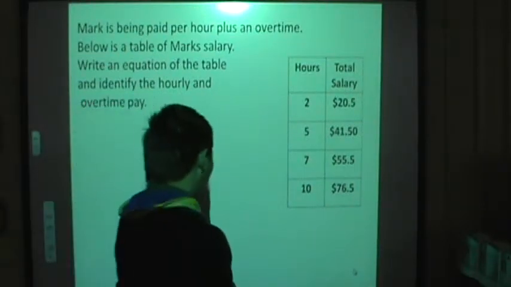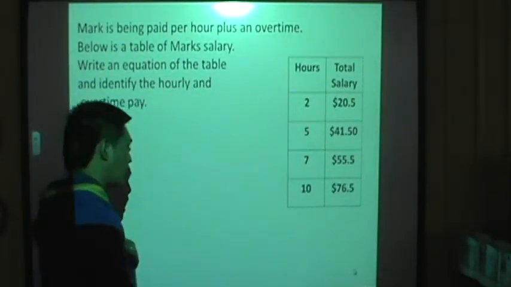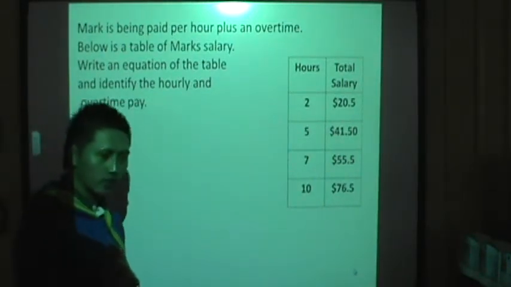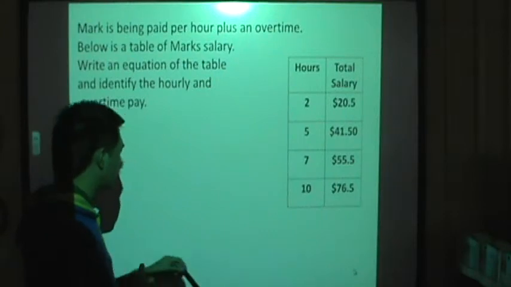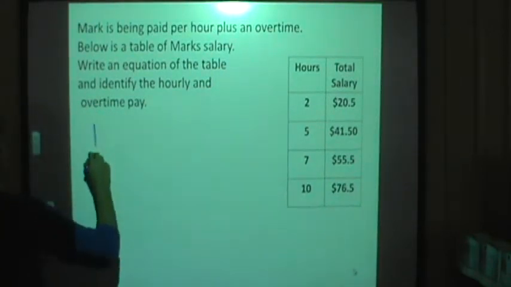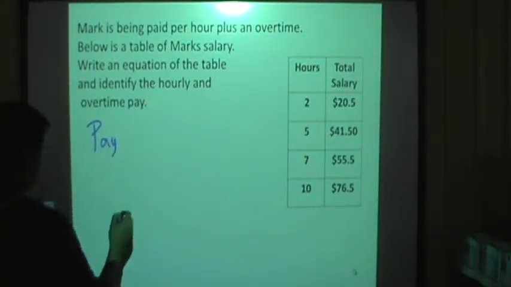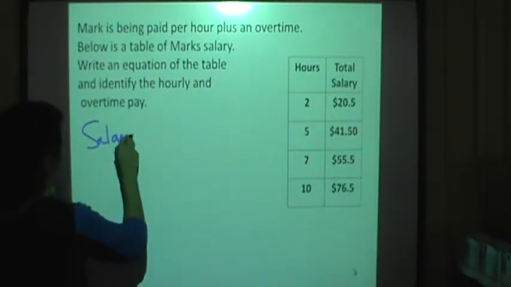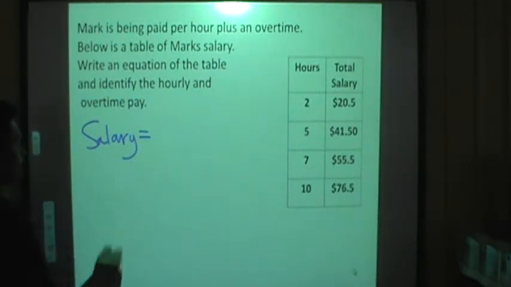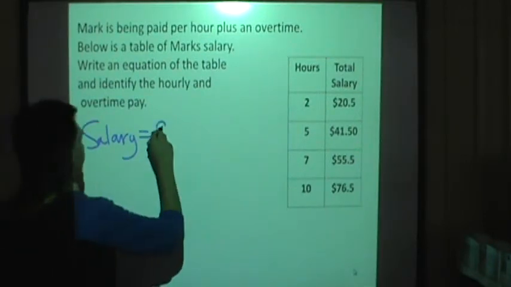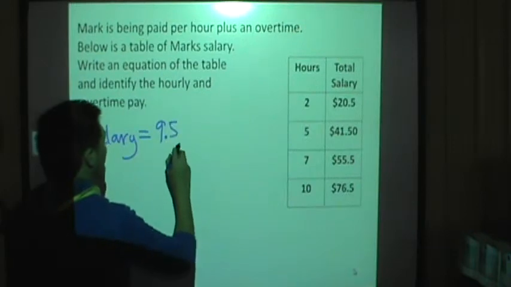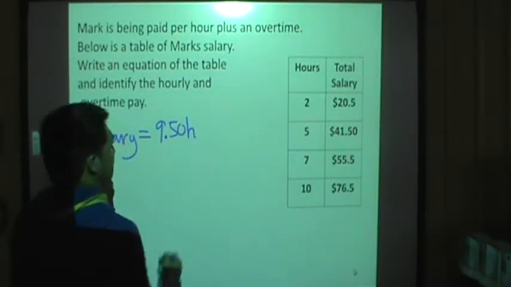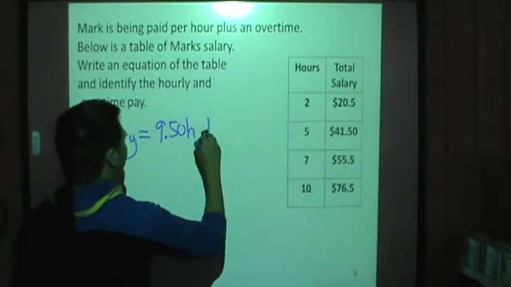Now, let's talk about this problem. Let's say I work in a restaurant. My pay, let's say salary, for one day is, let's say I work for like $9.50 per hour, and then I get a tip.